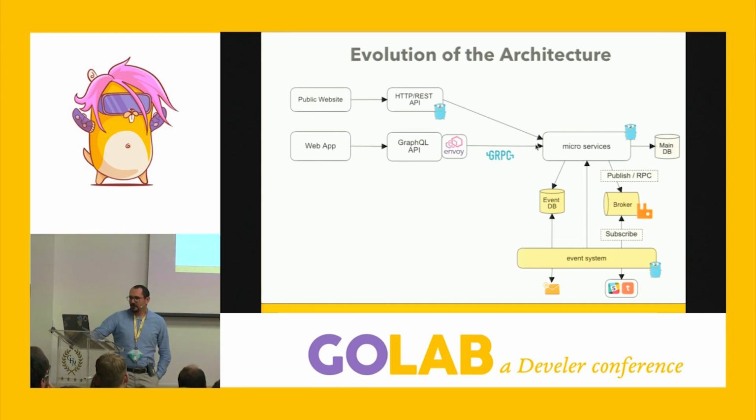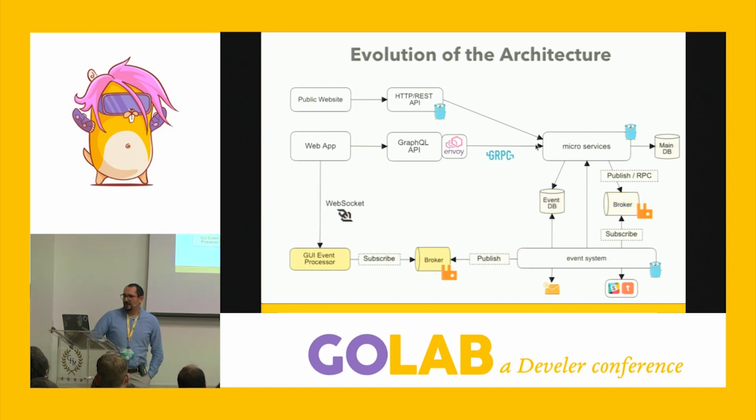And there is also an EventDB that you see there, which is something that we use basically to store processed events waiting for the actual API providing microservices to read and to provide to the front end. And as a second step, we added also a UI event processor with a separate broker to handle this. So this is how it looks more or less today.